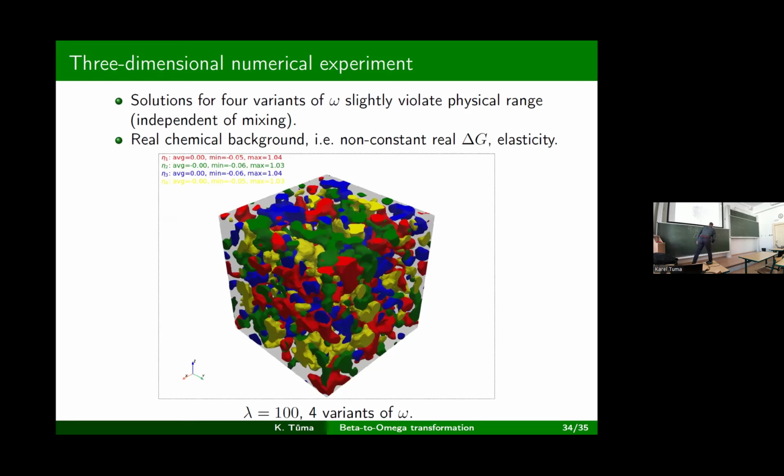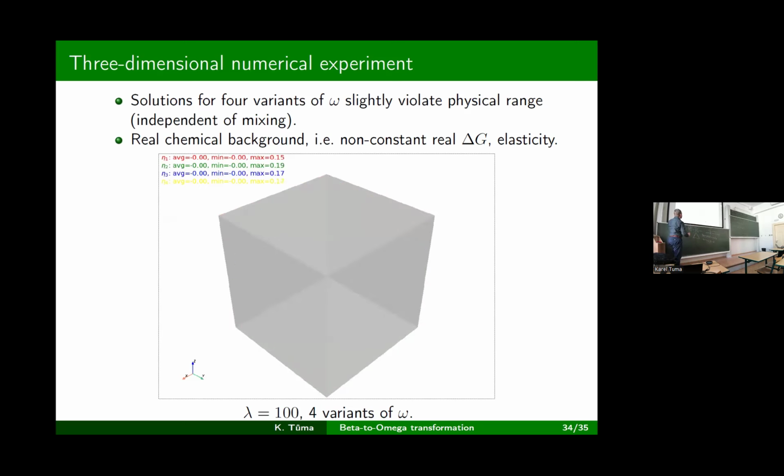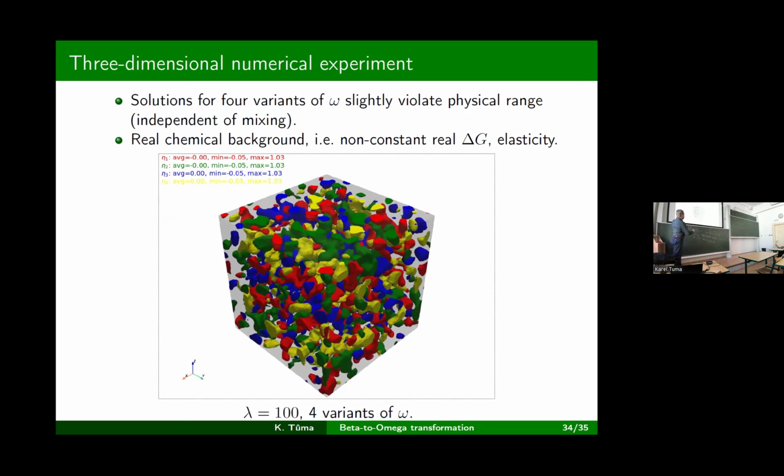Something like the squared elastic strain. So this is the strain coming from the total strain minus the transformation strain, and the transformation strain is a function of the order parameters eta. If we add also this information, we are getting this result. Again, this is computed in the periodic domain.